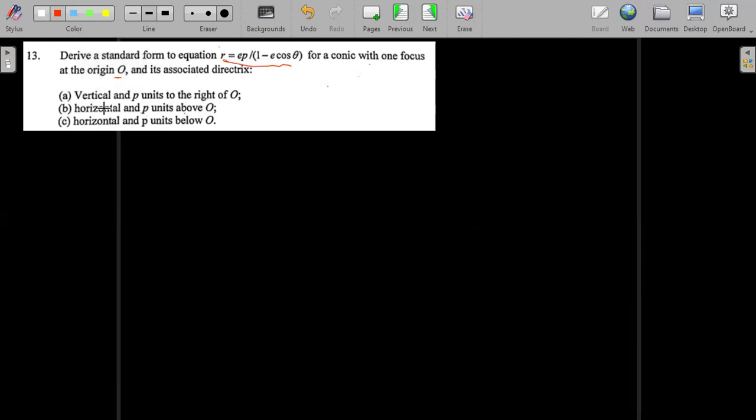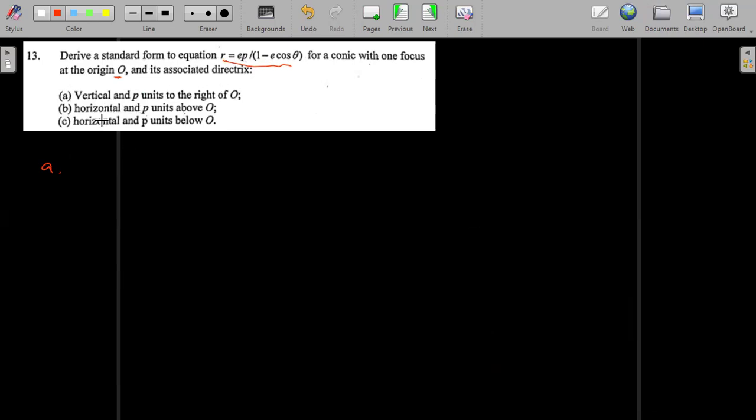So now the one they're telling you, number one, is that it's vertical. Let me read the question again. It says derive a standard form of an equation r equals ep over... We know the standard form for a conic with one focus at the origin and its associated directrix.